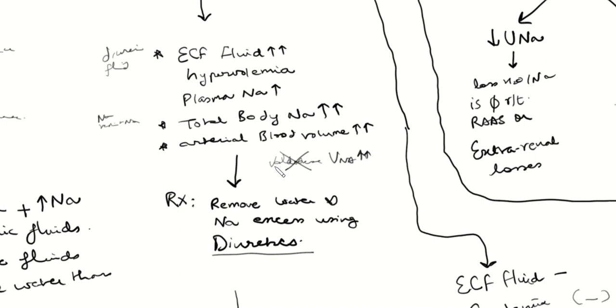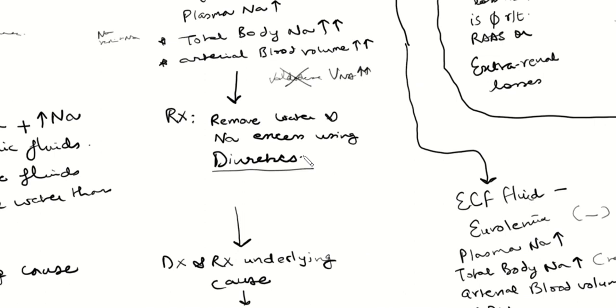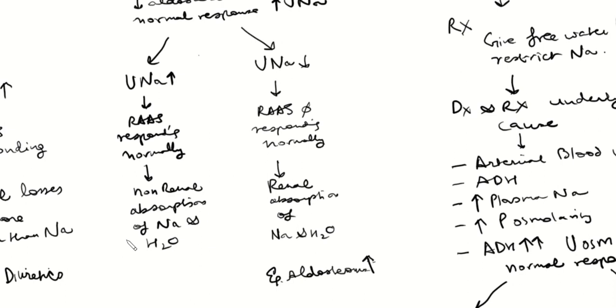What would that do? It's going to try to get rid of that urine sodium, so you're going to see more sodium in the urine. That's the normal response. So that's non-renal absorption of sodium in water.